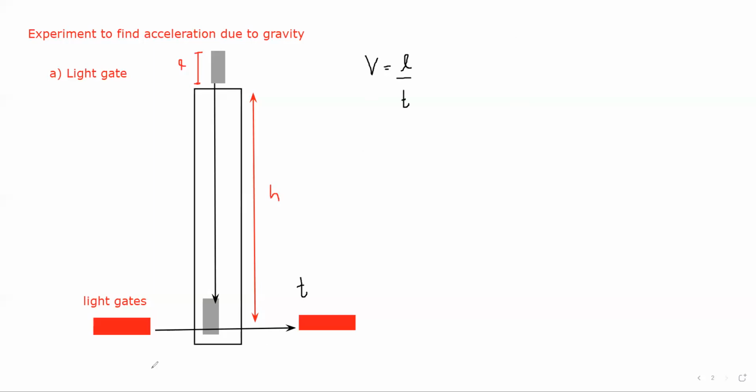So we know the speed and we know the height from which we are dropping this, and we have this equation of motion.